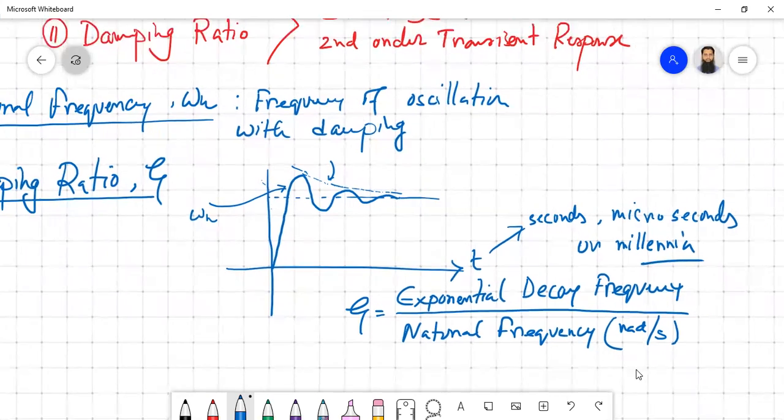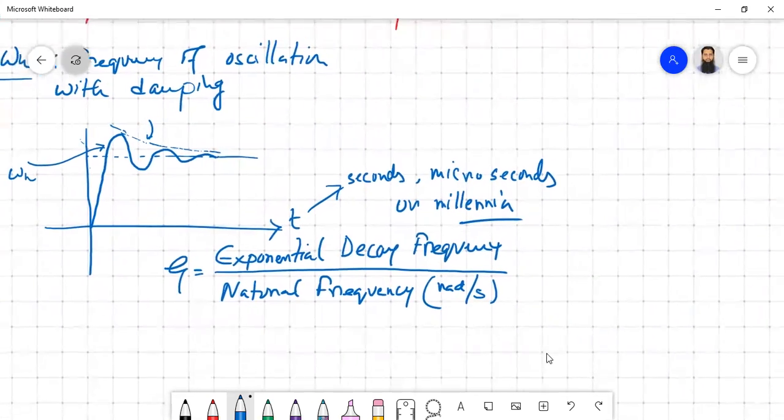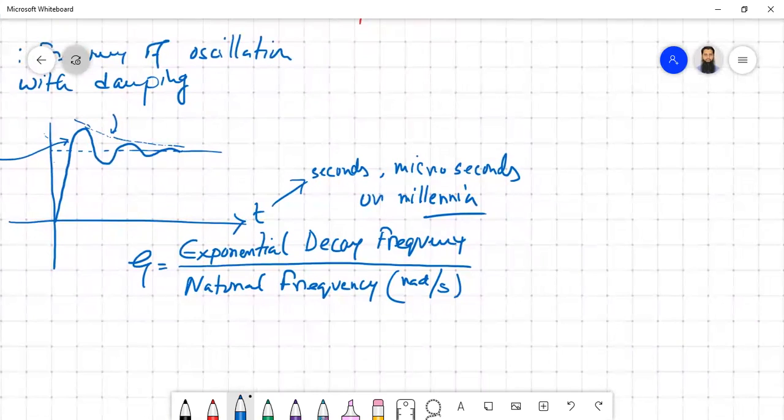And as we know from the previous first order system, the exponential decay frequency can also be expressed as inversely proportional to the exponential time constant.